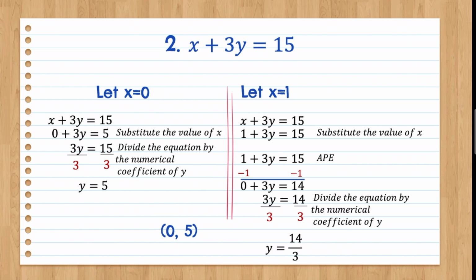Or kung mixed number, we have 4 and 2/3. So, may video tayo ng link how to convert improper fraction to mixed fractions. So, 4 and 2/3 or pwede rin siyang 4.66667. So, parehas lang naman yung dalawang yun. So, again, we will use these 2 points to have our graph for x plus 3y is equal to 15.